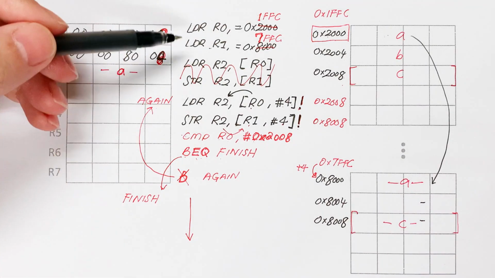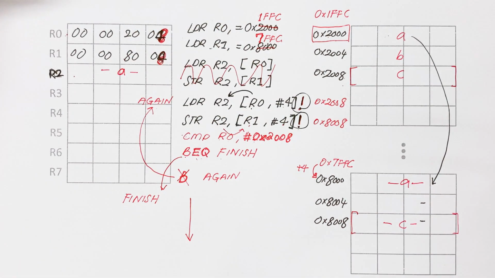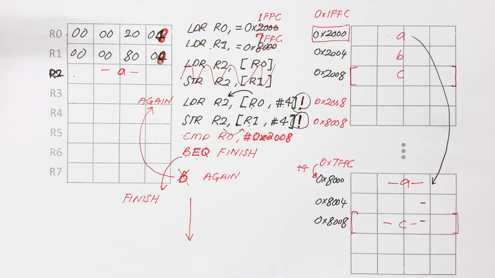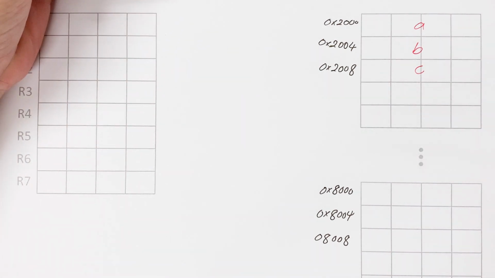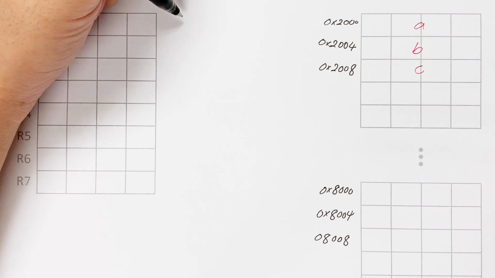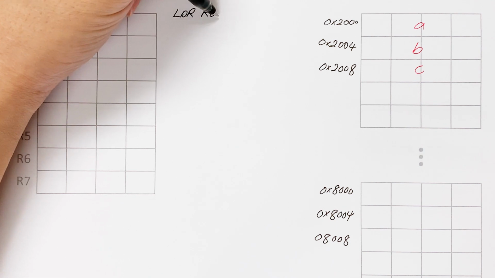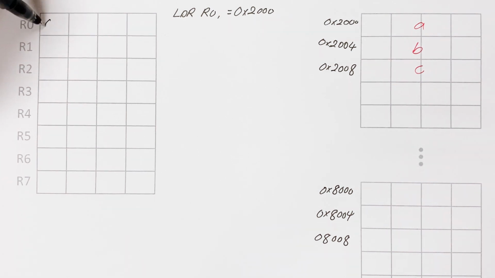So we're going to redo this exercise, but instead of using the pre-index addressing mode, we want to try how it's going to look if you are using post-index addressing mode. So let's redo our exercise by using a post-index with immediate offset. As usual, we begin by initializing the address pointer with R0. The initial address is 2000, so after executing the code, you're going to get 2000 in register 0.